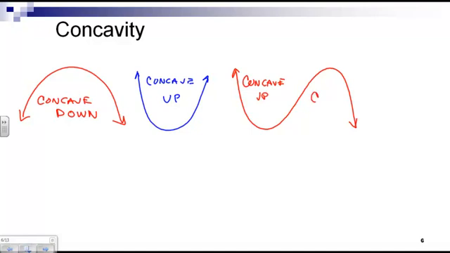This area is concave down. And right about here is where it switches. And that place where it switches from being concave up to concave down, or vice versa, is called an inflection point.